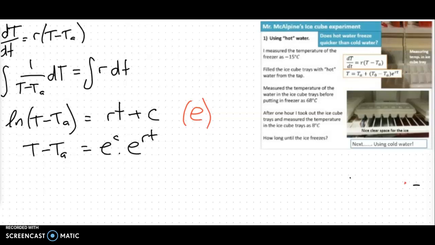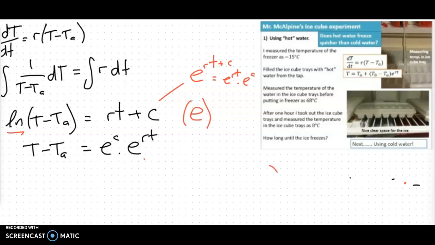Okay, and now of course to get rid of the ln, I take e of both sides, and then over here I've got e of all of that, which is the same, remember, as e to the power of rt times e to the c. It's the same as all the other ones that we've done, which is how we ended up with this guy down here.